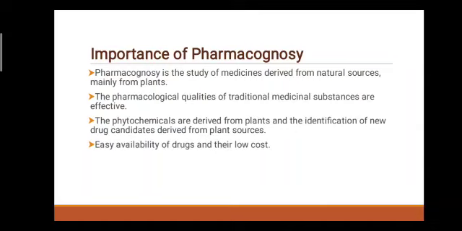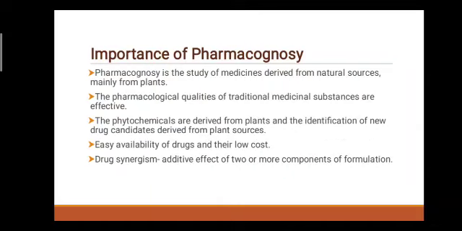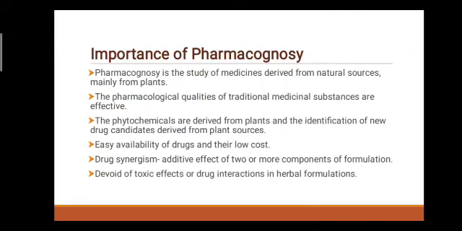Easy availability of drugs and their low cost. Drug synergism, the additive effect of two or more components of a formulation. Devoid of toxic effects or drug interaction in herbal formulations.